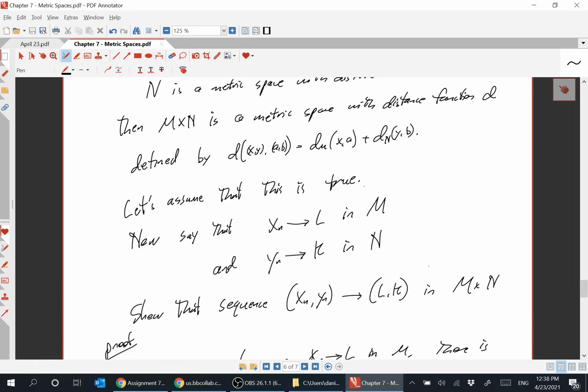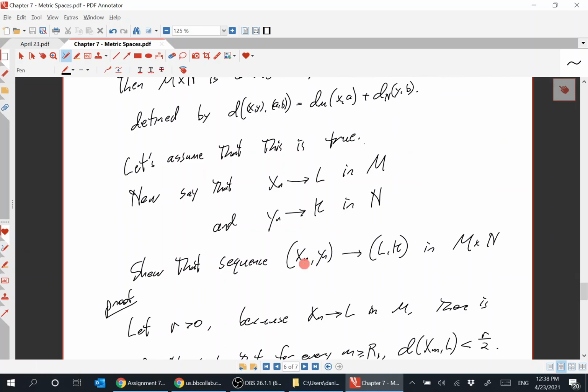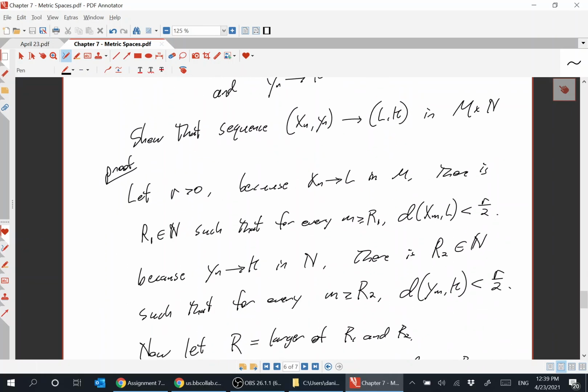Now, let's say that xn is a sequence converging to L in metric space M, and yn converges to limit k in metric space N. Let's show that the sequence (xn, yn) converges to (L, k) in M cross N. The trick in here is something that you'll see in 4310 a lot.